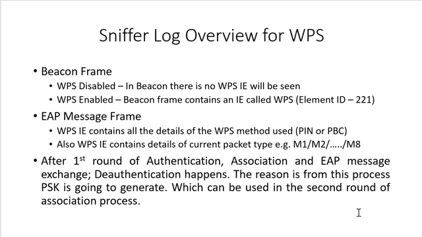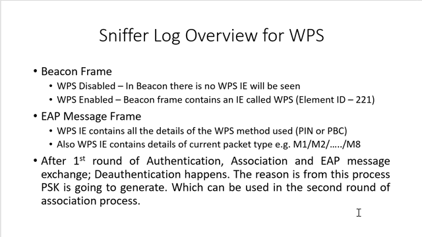Then the EAP message frame. The way I explained in the previous slide, the EAP procedure will happen. In that, the WPS IE contains all the details of the WPS method which you are using, either PIN method or PBC method. Normally in APs, only PIN and PBC methods you can find.